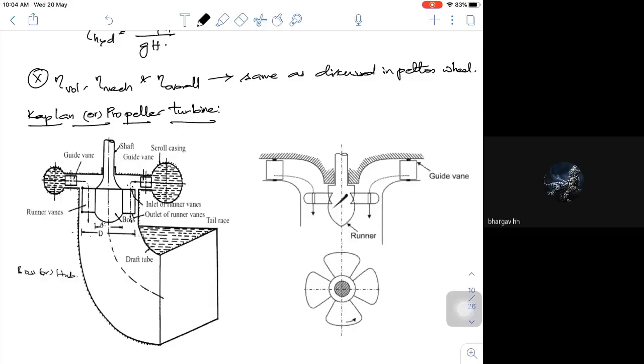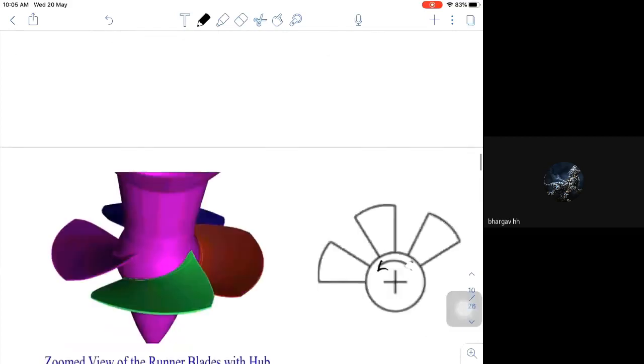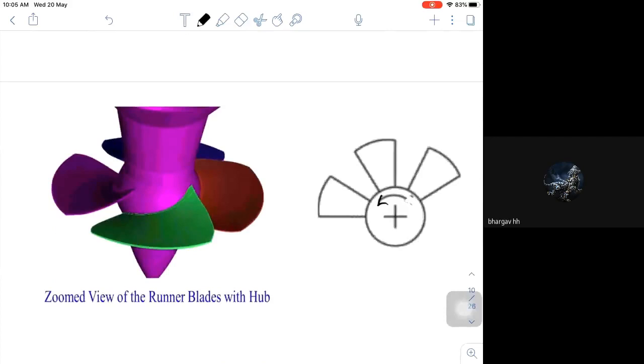The only major difference, this also has a scroll casing and all. The major difference is the way its runner blades are constructed. They are bigger and heavy. Now, given the zoomed view of your Kaplan turbine, you can look at this. The construction of these blades will allow the flow to be exactly axial.